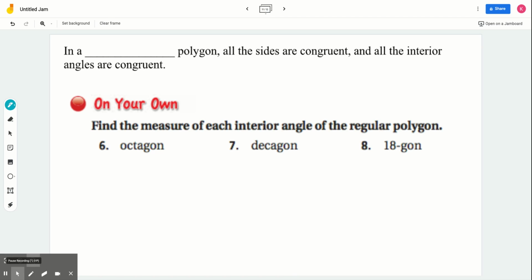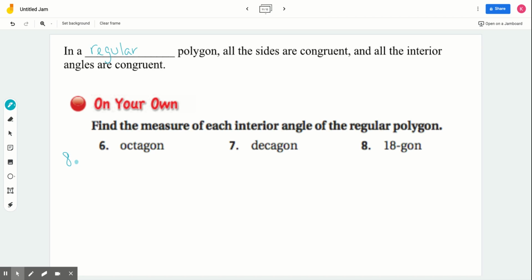In a regular polygon, all sides are congruent, and all of the interior angles are also congruent. So in a regular polygon, they're all going to be the same. So we need to find the measure of each interior angle of the regular polygon. So how much is one of those interior angles? Now, in order to save a little bit of time for the video for you, we have calculated the angles of an octagon before. So we know that an octagon has 8 sides or 8 angles.